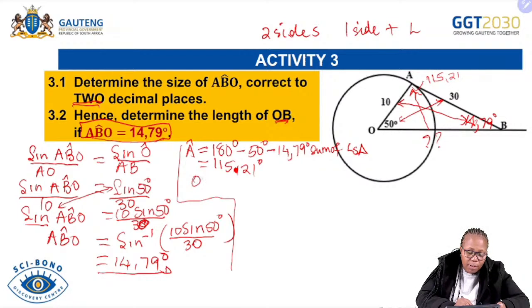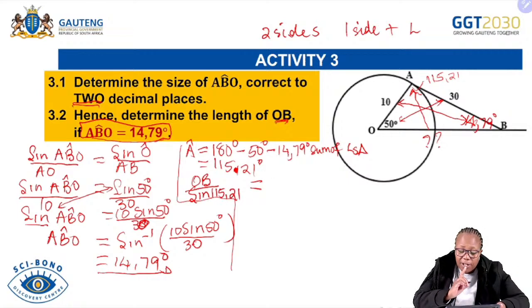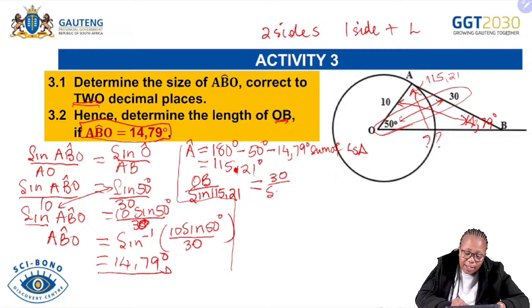Side OB over the sine of angle 115,21 because it's the one that is opposite that. Remember previously we said avoid using what you have calculated if you are having the original given to you. So we will have a side which is 30, opposite angle sine 50 degrees.